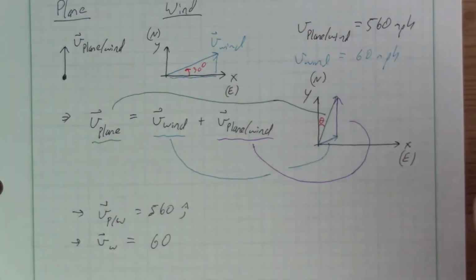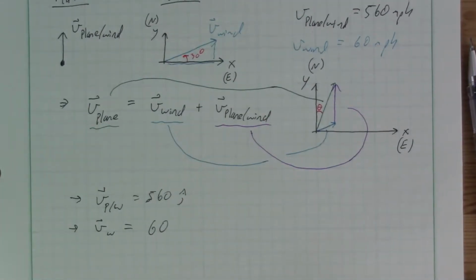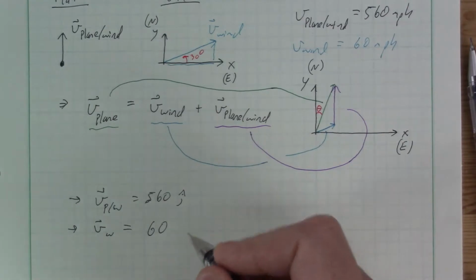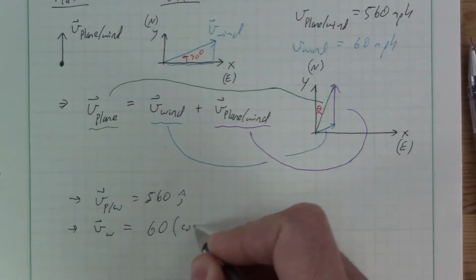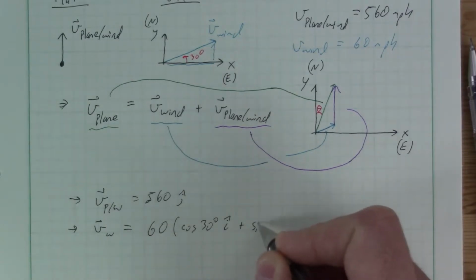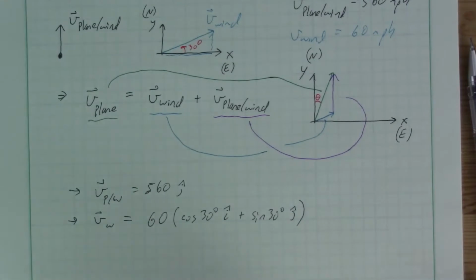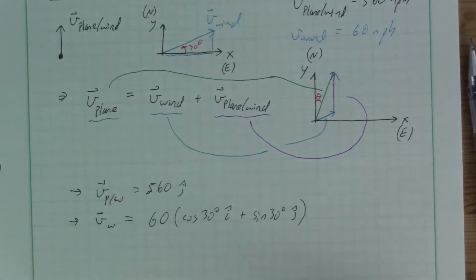You've got a little triangle there where the hypotenuse is magnitude 60. So the i hat component is cosine of 30 degrees i hat, and then sine of 30 degrees gives us the j hat.